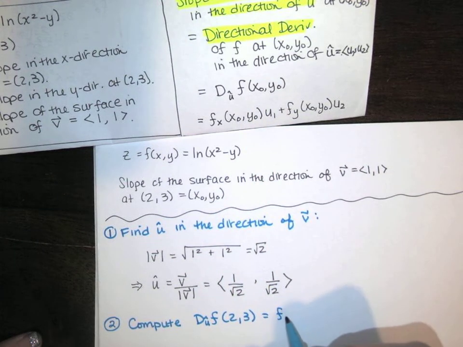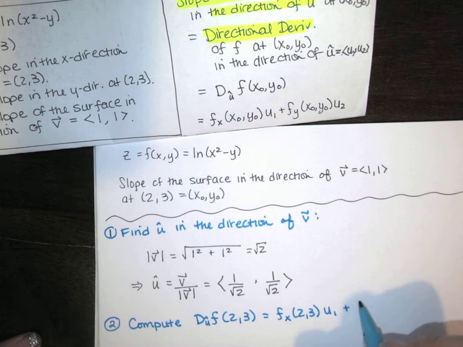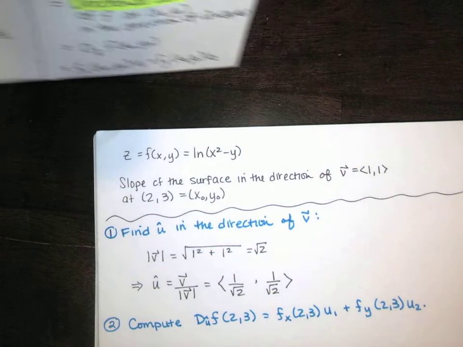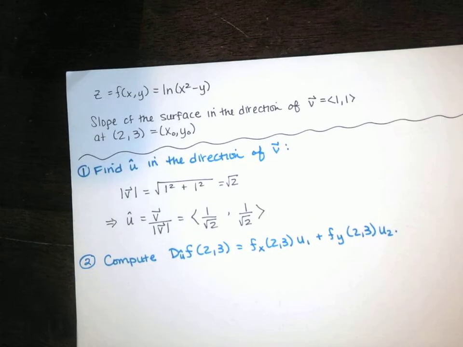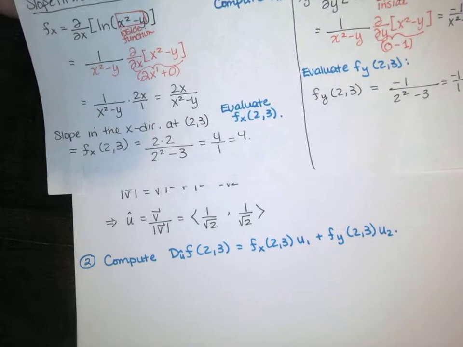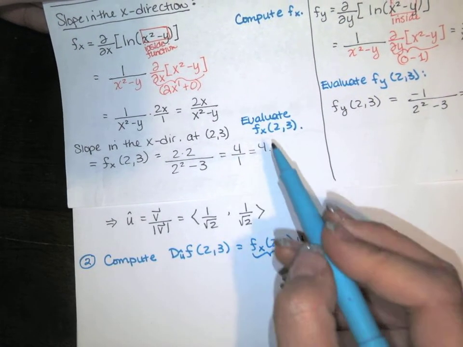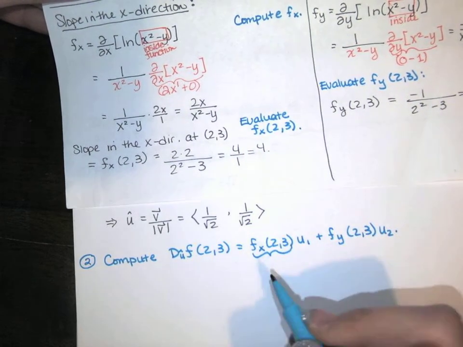The partial of f with respect to x at 2, 3 times u1 plus the partial of f with respect to y at 2, 3 times u2. We're just going to substitute in all of our values. Well, remember what we did earlier. Slope of the surface in the x direction at that point was 4.